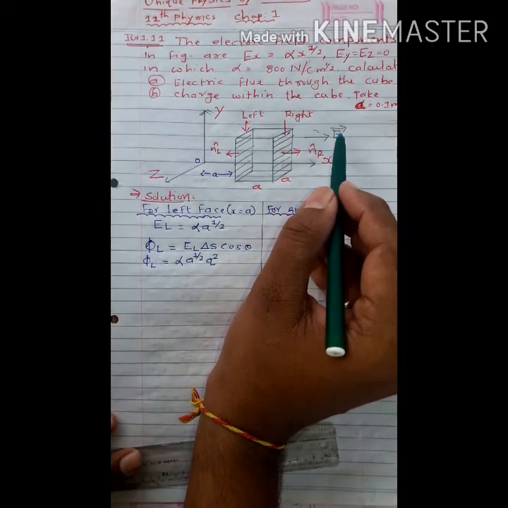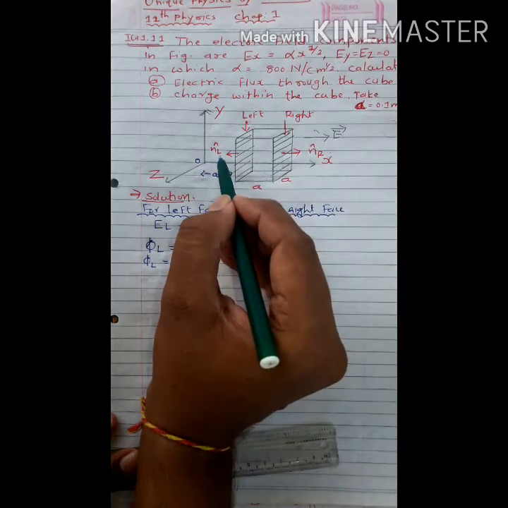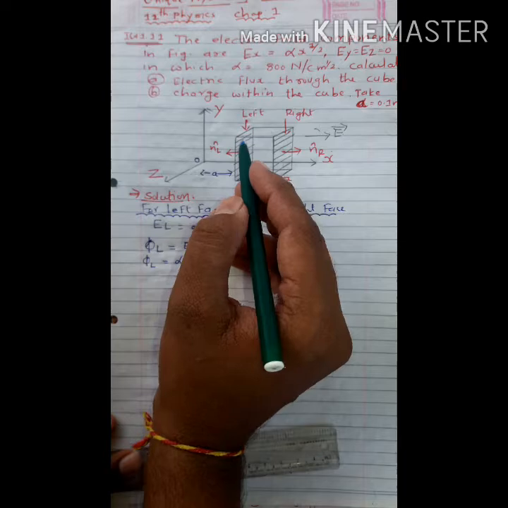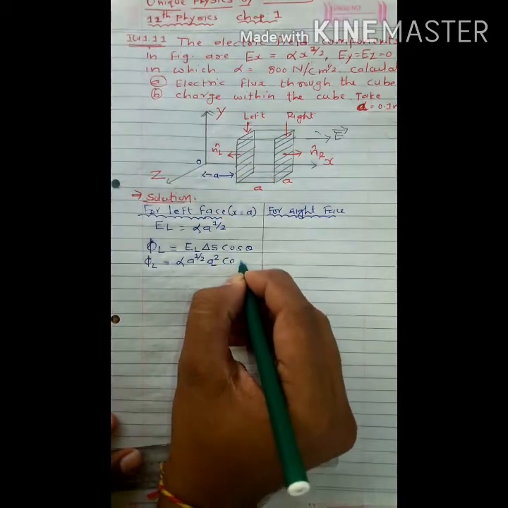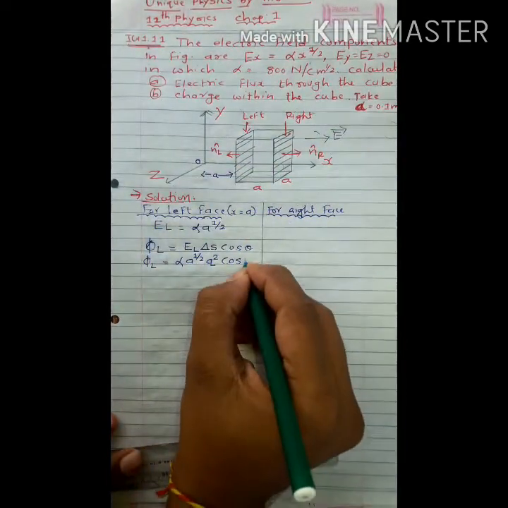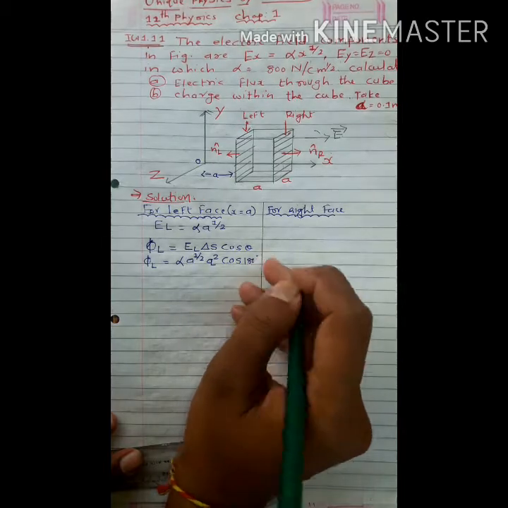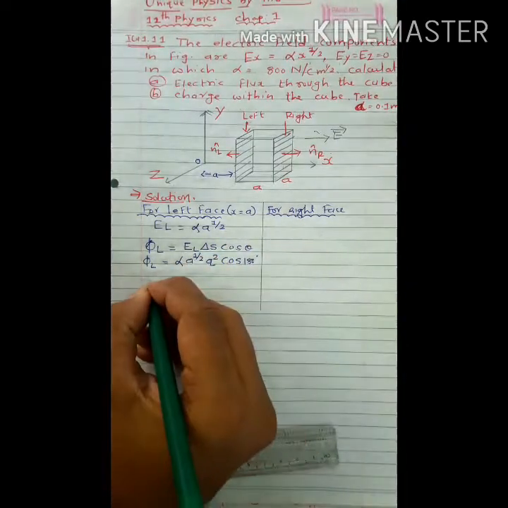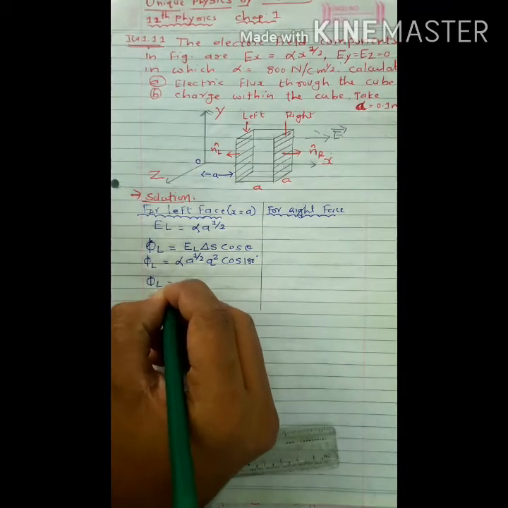Again see the figure very carefully. The electric field is prevailing in the plus x direction. The area vector of this left face is prevailing in the minus x direction. So here we have totally opposite directions, so theta is equal to 180 degrees. So here we have cos 180 degrees, and the value of cos 180 degrees is equal to minus 1.